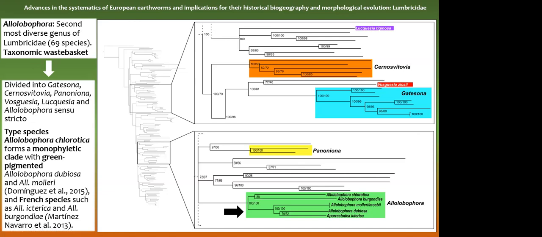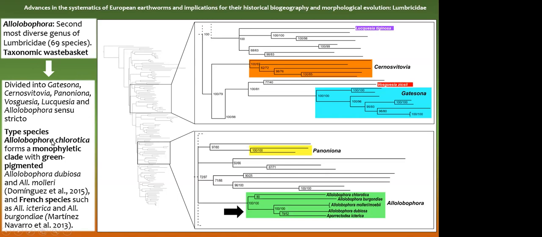So everything goes. Thankfully, by using molecular phylogenetics, we have managed to divide Allolobophora into Gatagona, Cernosvitovia, Pannoniona, Vosgesia, Lukesia, and Allolobophora sensu stricto, or like the real thing.